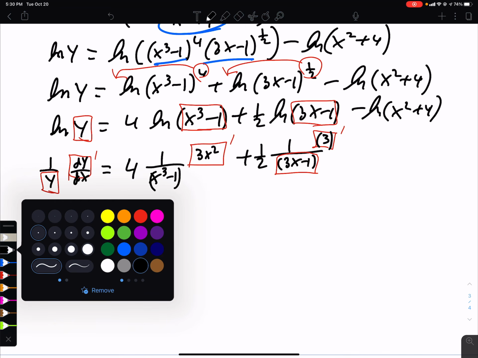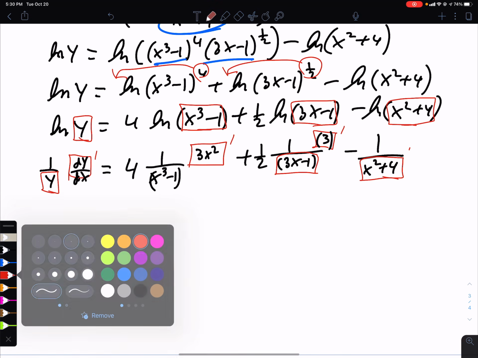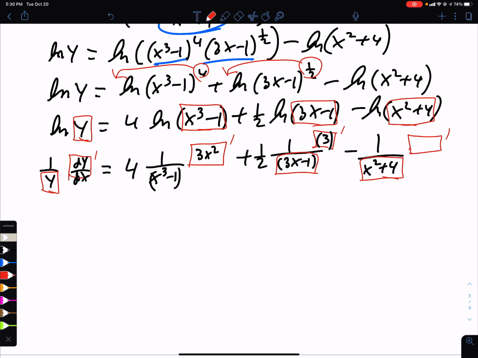And we're almost done. Almost. I know the answer is going to be ugly, but if we had to do it with the quotient rule and product rule and chain rule, you would not have been a very happy camper. You would have hated me for the rest of my life. So 1 over box, because we have ln of box, is the derivative times the derivative of box, but the derivative of that is just 2x.